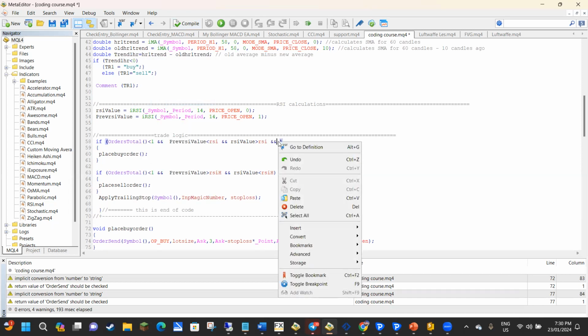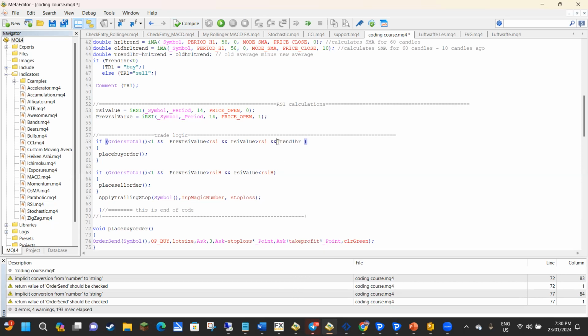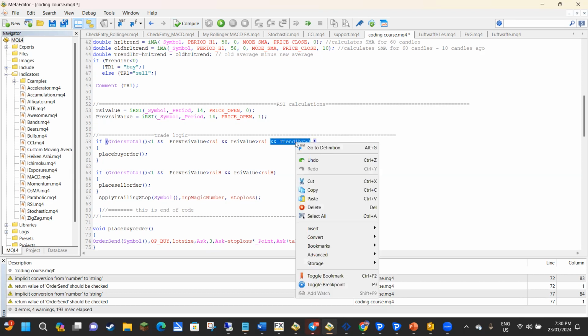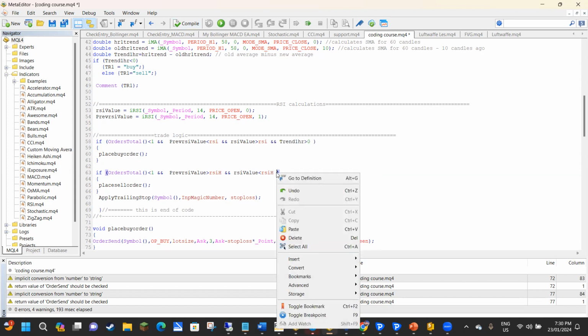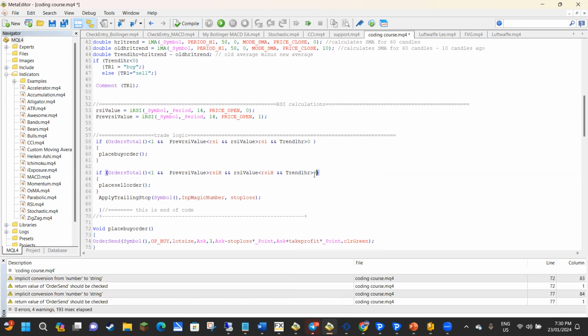We require that for a buy order. So we're going to require the trend to be going up, which means that this value needs to be greater than 0. And that's all. And we just need to put the same thing in, but less than for the sell order criteria. If we had some people that didn't know too much about trading, they'd no doubt be asking questions now.